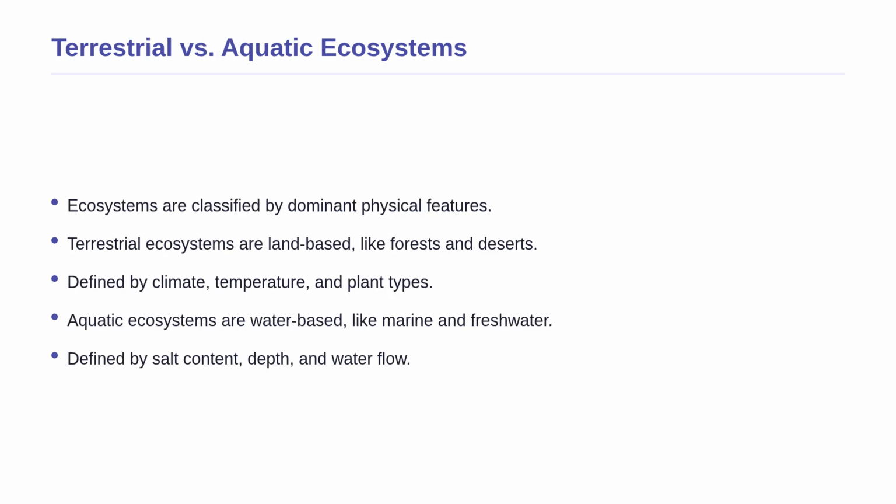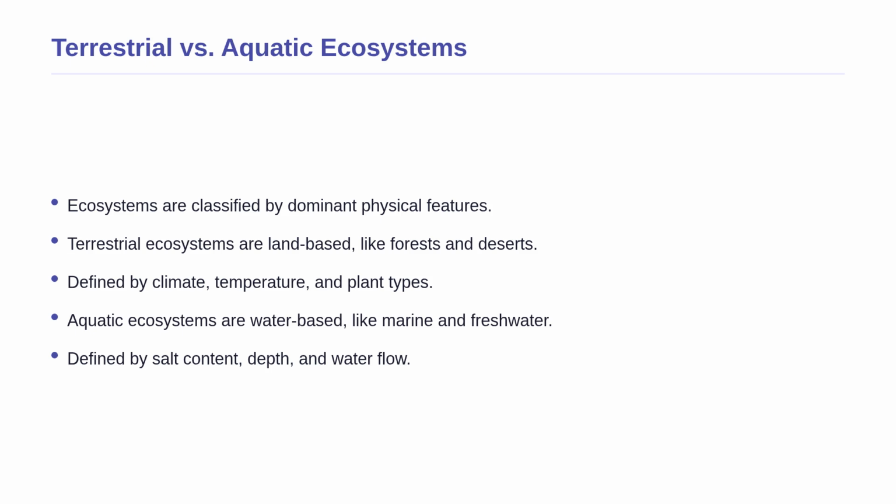Building on that definition, how do we actually classify these environments? When we talk about types of ecosystems, we primarily divide them based on whether they are located on land or in water. Terrestrial ecosystems are land-based. They are largely defined by their climate, temperature, and the types of plants that grow there.